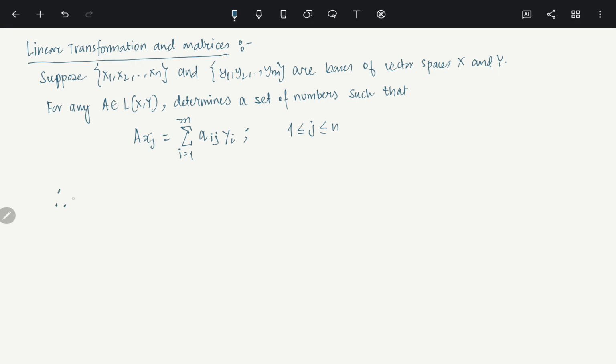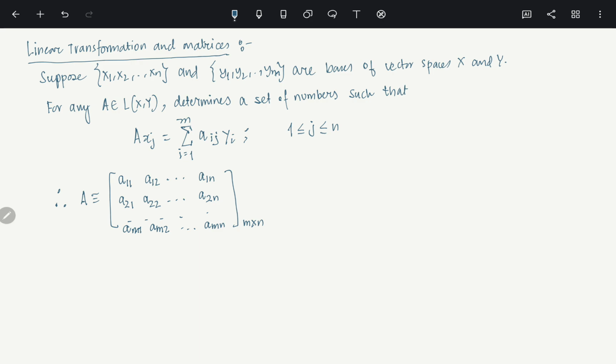So the matrix A we can visualize as a11, a12, ..., a1n, a21, a22, ..., a2n, and the last row am1, am2, ..., amn. So if you have a linear transformation A from X to Y, then A can be visualized as an m cross n matrix.